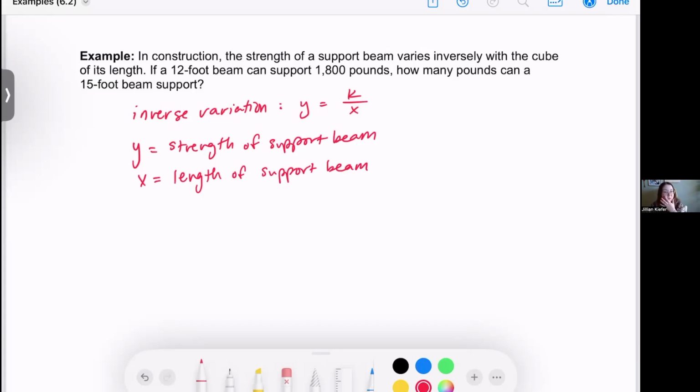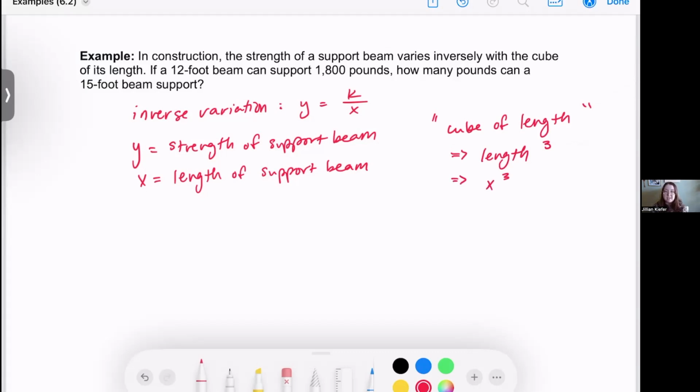Now, what we also discussed was that the cube of the length is going to be the length to the power of 3. So cube of length is length cubed. We said that x is the length, so really we're talking x cubed.